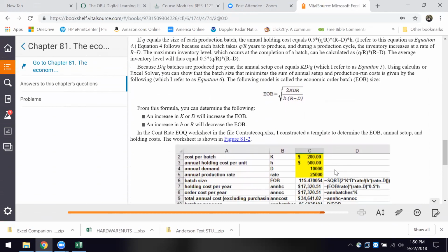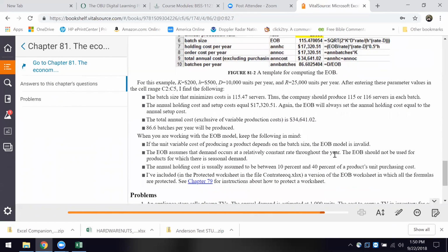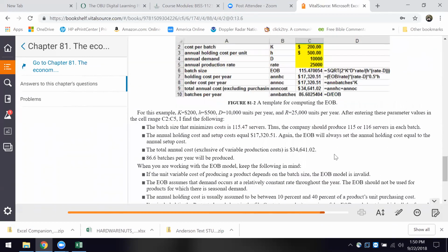Now, part of the balancing act here is not only the cost to order, but also the cost to hold the inventory, and then how much can we make? So let's look at this here. They'll walk us down to the answer.